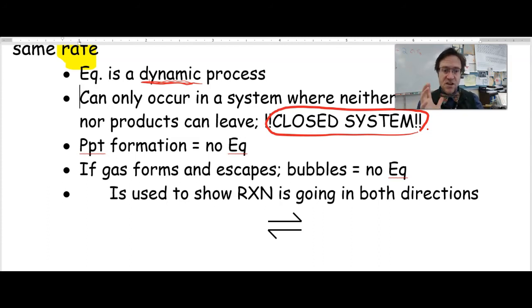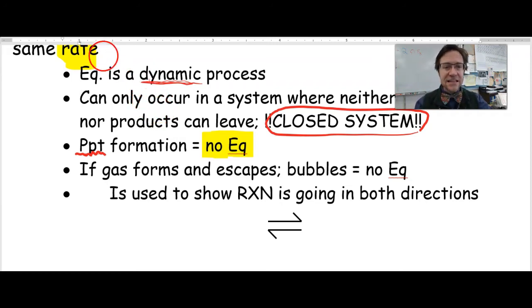Does that make sense? So if you have a PPT, that's short for precipitate. If a precipitate happens, there can be no equilibrium. The reason being that once it's a precipitate, it falls out of solution and is no longer in solution to do the forward and reverse reaction.